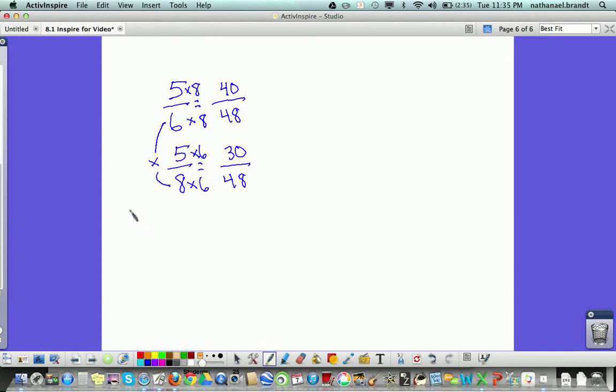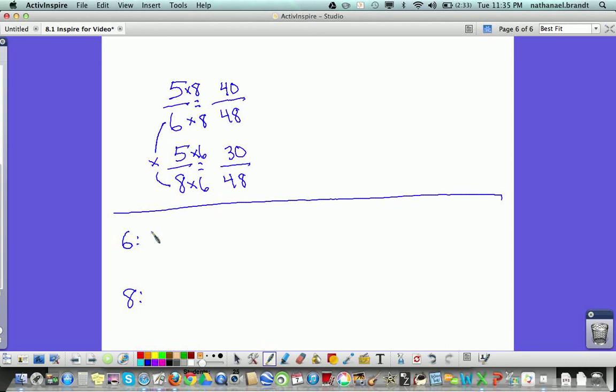Another way to find common denominators is to find the multiples of the denominators, and you're going to look to find the least common multiple. To find the multiples, you can take the number and multiply it by counting numbers.